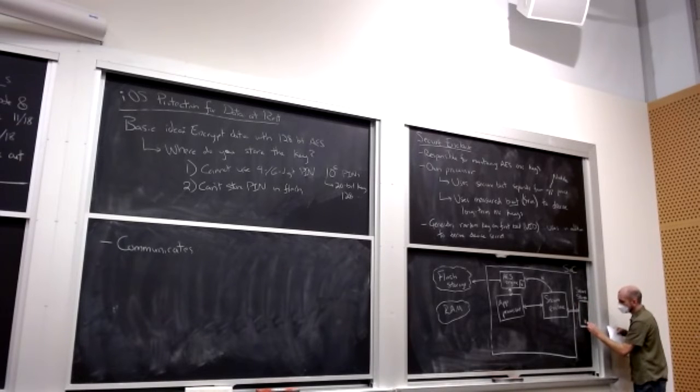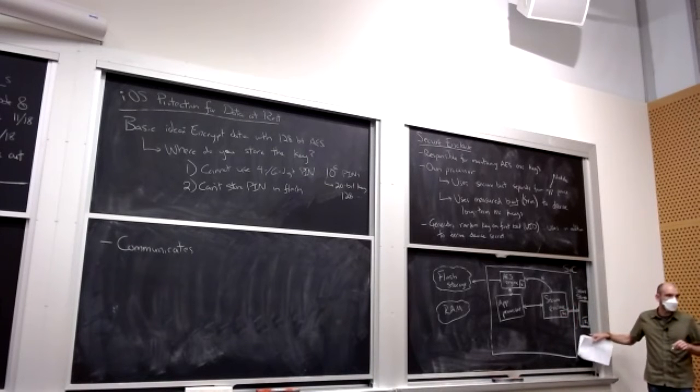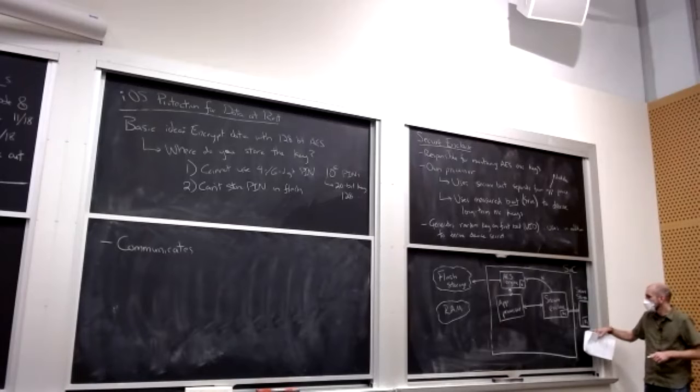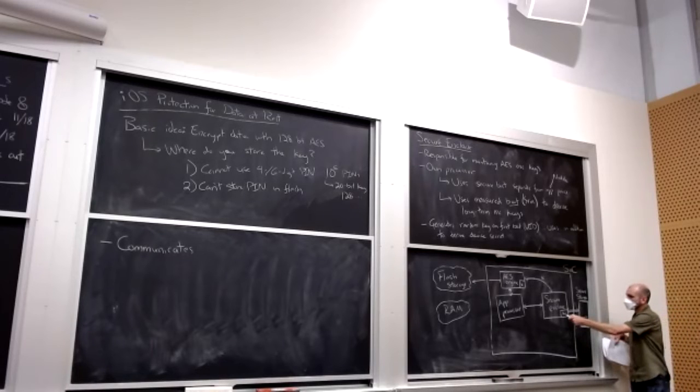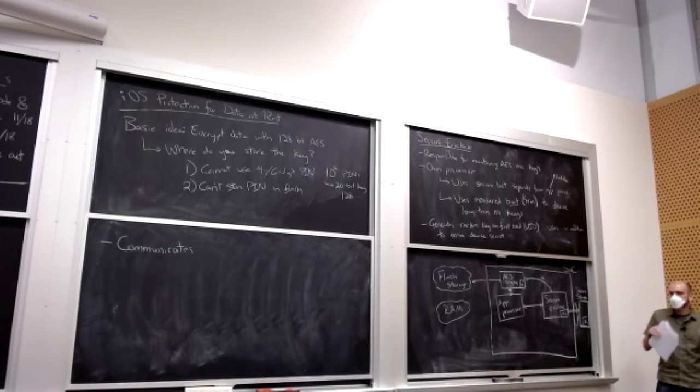I'll call it K sub S. During the factory provisioning process, before the iPhone leaves the factory, the same random key is put into both of these devices. So later on, if someone tries to look at this communication or tamper with it or intercept it, they won't be able to, because it is an AES encrypted pipe.